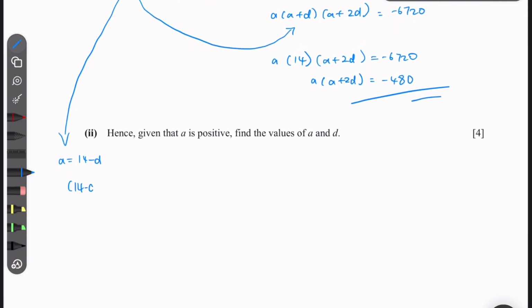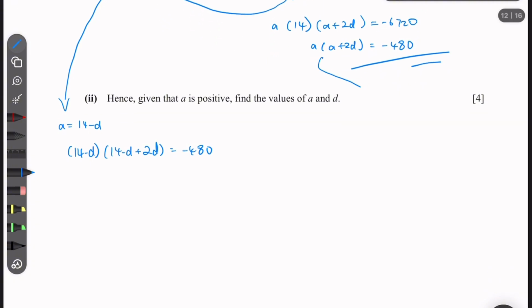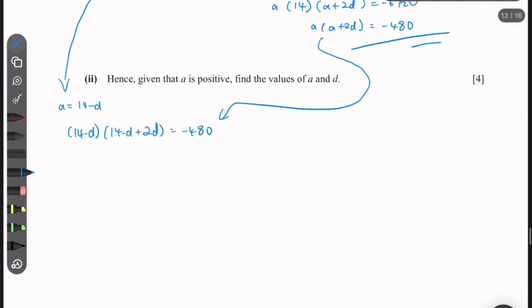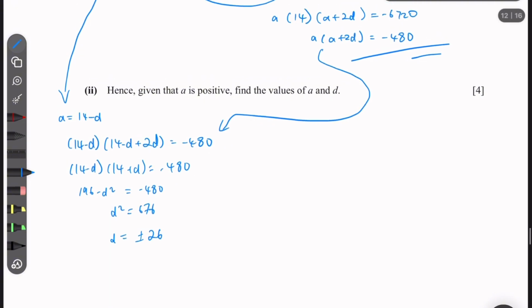So 14 minus d plus 2d equals minus 480. So we're using this equation. So d will be plus or minus 26.